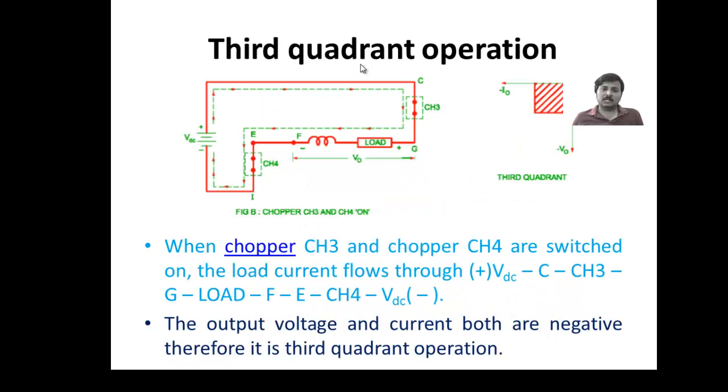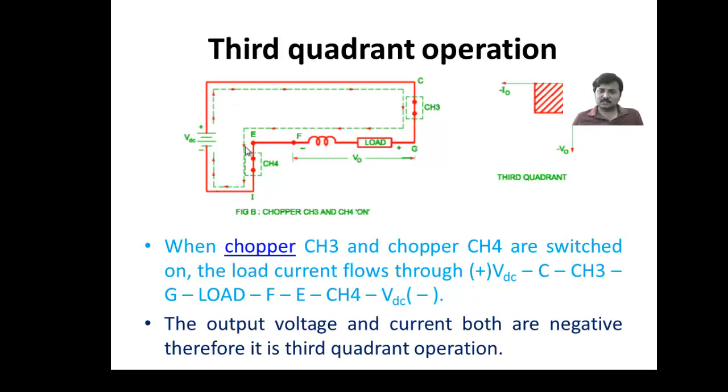Now we'll go for the third quadrant operation of the class E chopper. Here the switches CH3 and CH4 are in switched on condition. Let us see the current direction. It starts with the positive point of the source, CH3, load, CH4 and back to the source.